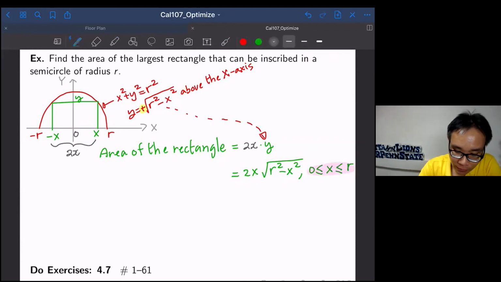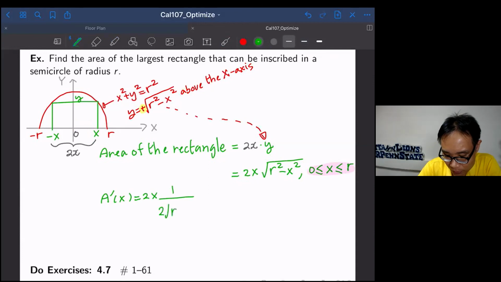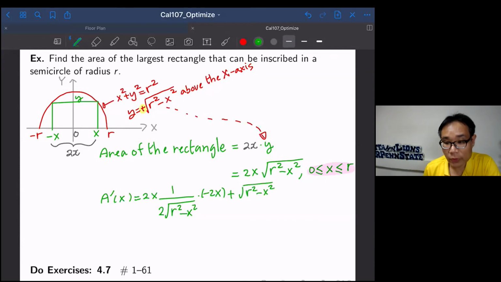Now we're going to differentiate to get A prime of x. You get the first times the derivative of the second, multiplied with negative 2x, plus the second times the derivative of the first, which is 2, and this equals 0.